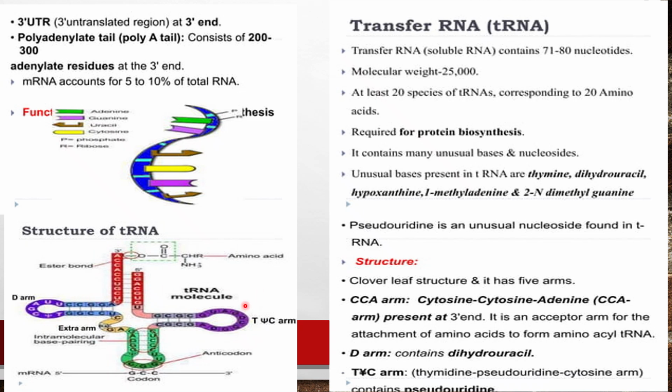Then the T psi C arm is present, which contains pseudouridine as an unusual base nucleoside. Then there is an extra arm. There is an anticodon arm, through which there is attachment of the codons of messenger RNA, and this is an extra arm.